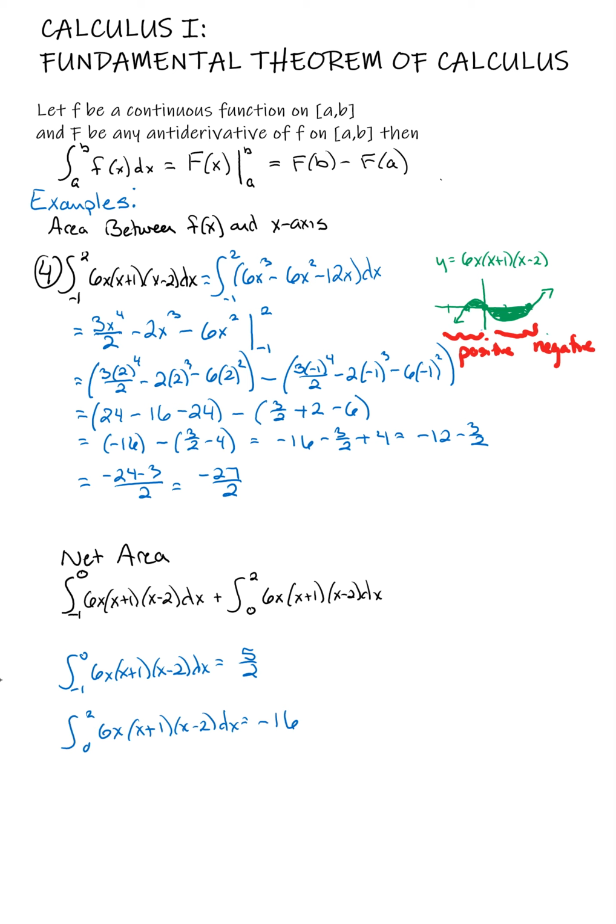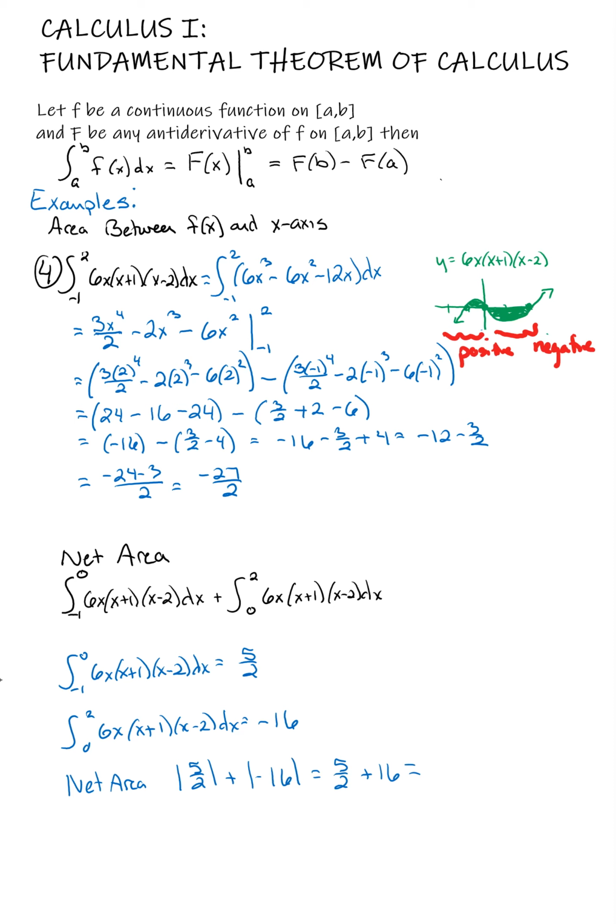However, if we're looking for the net area, we want the absolute value of these summed. So what we're really looking at is 5/2 plus 16.